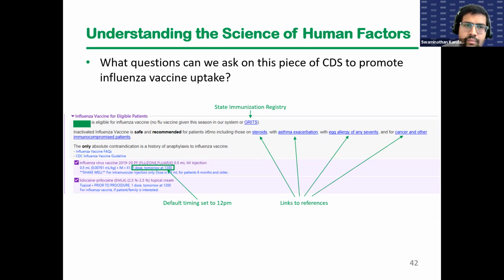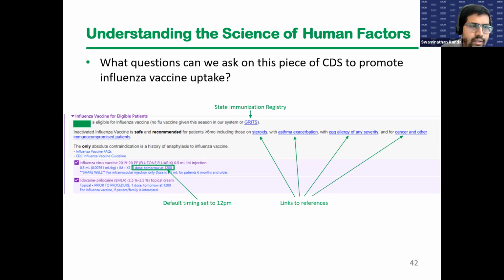They wanted to confirm that, they can actually go into this one and they can verify whether this is correct and whether this is applicable to this patient. And then you have multiple recommendations for when to give influenza vaccine, whether it's okay to give if the patients are on steroids, if they are immunocompromised and if they have egg allergy and things like that. And these are all references to those specific literature on what to do in those cases.